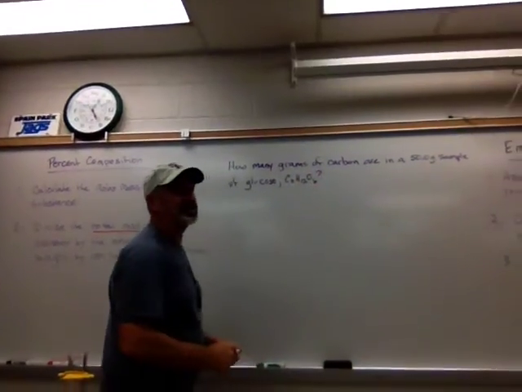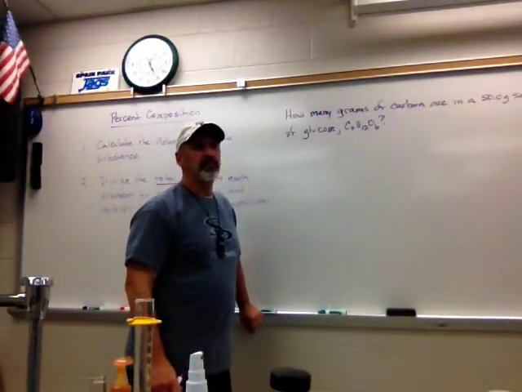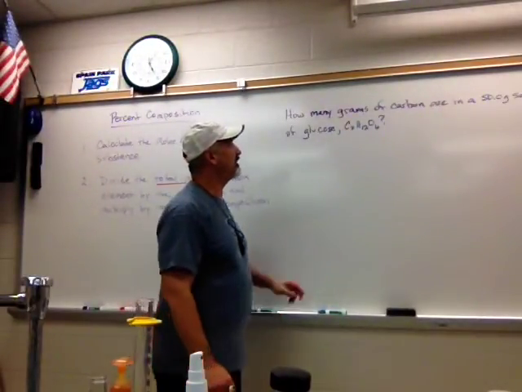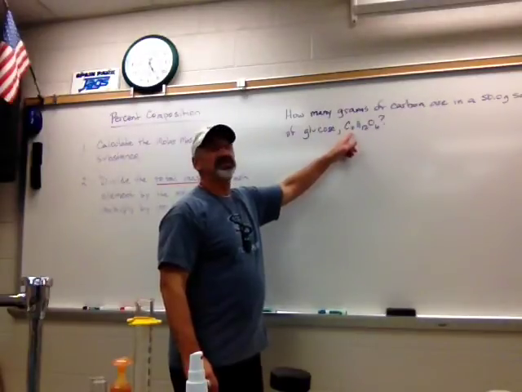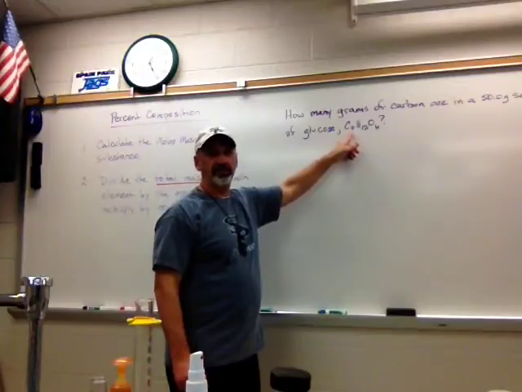Make it easy since we already did this. Okay? So we want how many grams of carbon? Well, we just figured out that of the 180.18, 72.06, okay, is always going to be carbon.